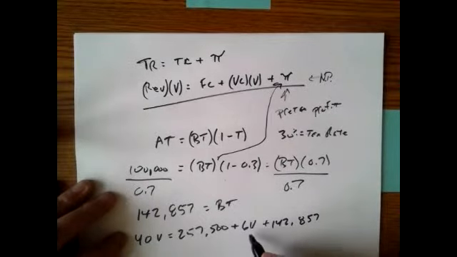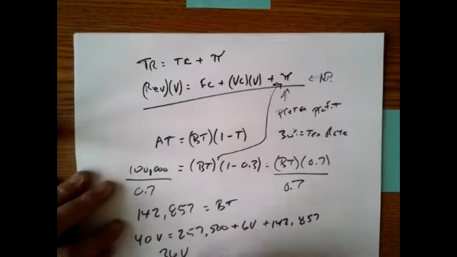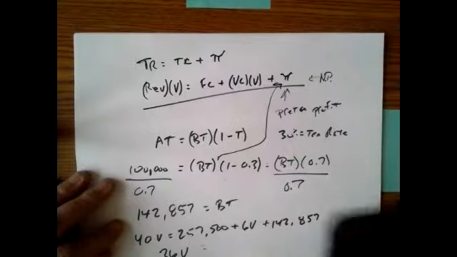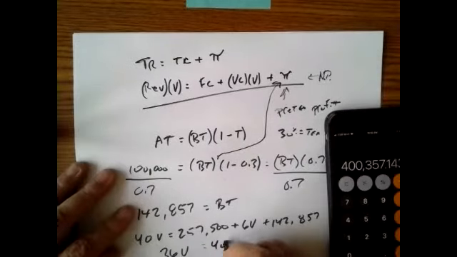Okay, so consolidating terms, we get 36V, which is again our contribution margin, is equal to 142,857 plus 257,500, which gives us 400,357.